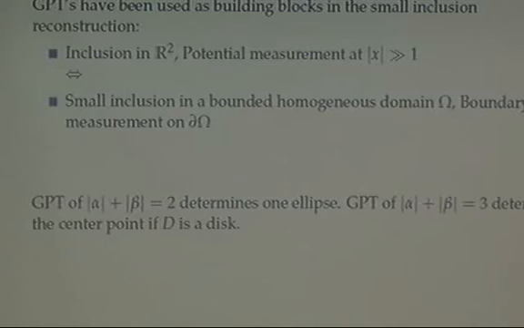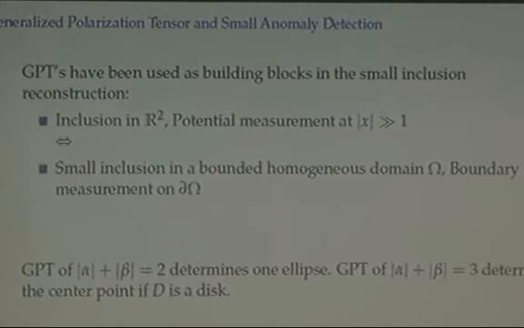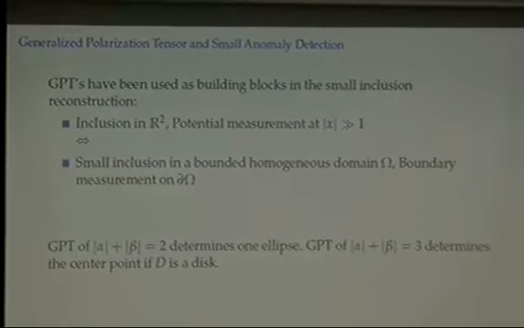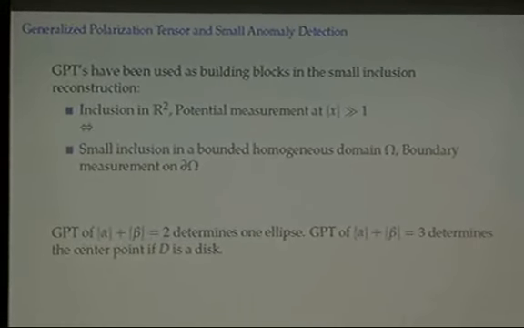In the first case, where the inclusion is small and you get measurement on the boundary omega, it's very similar. From the boundary measurement, you get the polarization tensor M alpha beta, and again, you have the same question: from M alpha beta, how can you get the shape of D?